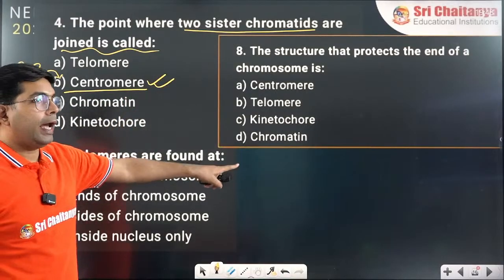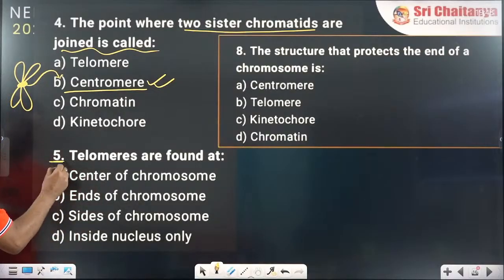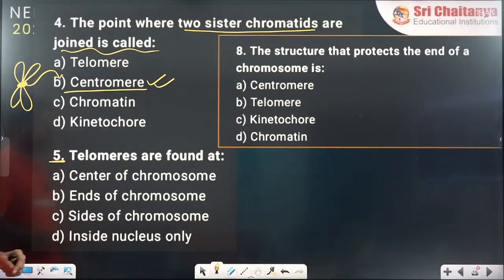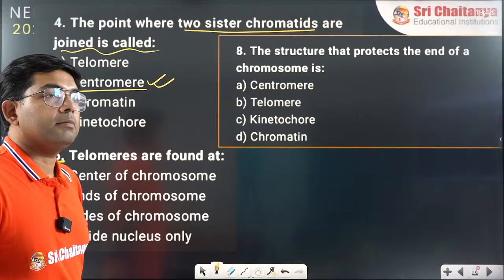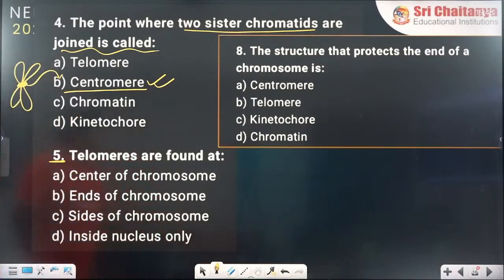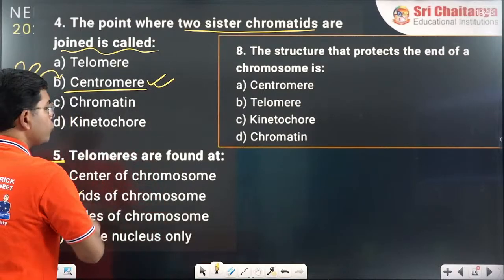Telomeres are found at the center of chromosome, end of chromosome, side of chromosome, or inside nucleus? Correct answer, very good Tanish, Srinivas, Preetham, Misbah. So it is the end of chromosome.